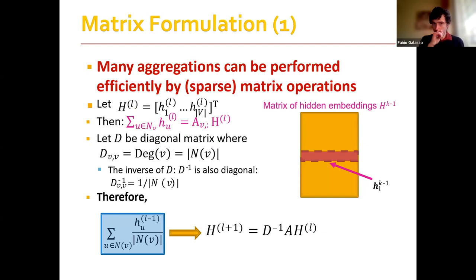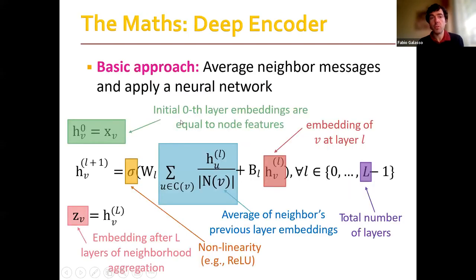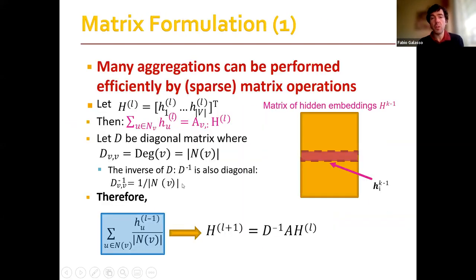Now, we want to get to one very easy equation, and it turns out the average and neural network that we've written before as a summation can actually be written down in a matrix form. And if we write it in the matrix form, then this turns out to be D is the degree matrix. And then you've got the inverse of D, which is still a diagonal matrix.